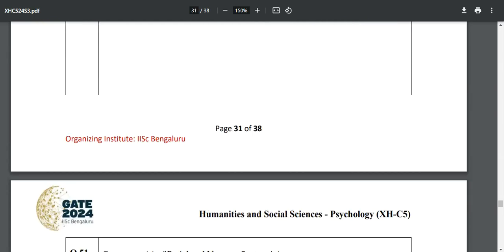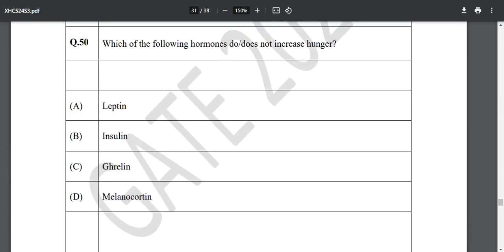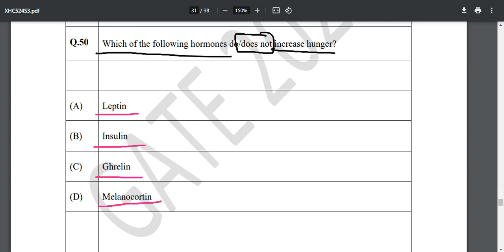Let's move ahead to question number 50. Which of the following hormones does not increase hunger? The options are leptin, insulin, ghrelin, melanocortin.